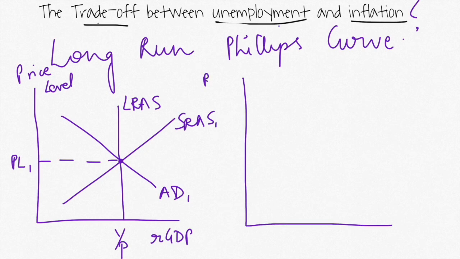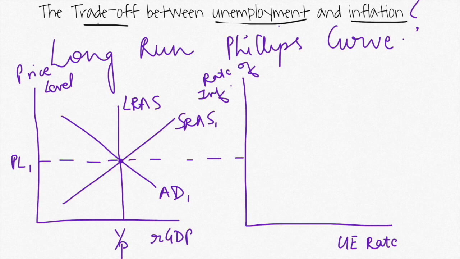So for the Phillips curve, we take rate of inflation on the y-axis and unemployment rate on the x-axis. Okay, and now I want to show that same point A. So as we have done before, I'll just take it from that ADAS curve over here into this diagram. I'll just mark a point A, right?